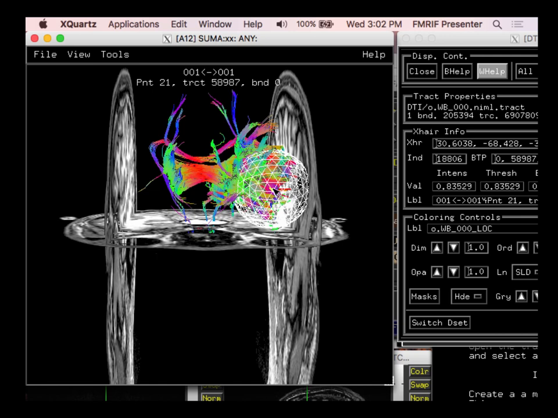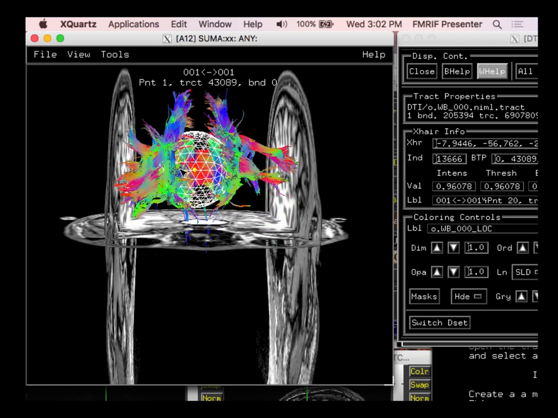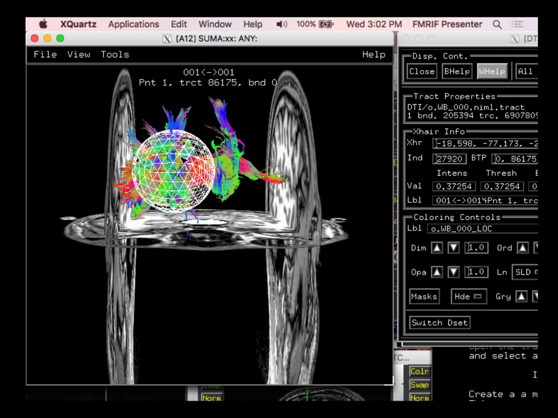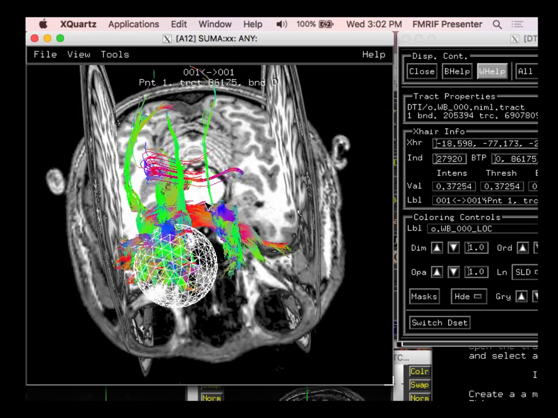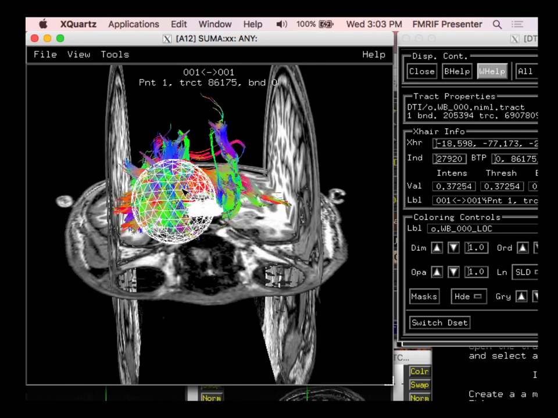So I could investigate some region I might be interested in, or see where tracks are. And I can look at this in space, and I can see, okay, this intersects a cingulate bundle, etc. And I can add more of these things. I can change the shape and its properties and things like that.